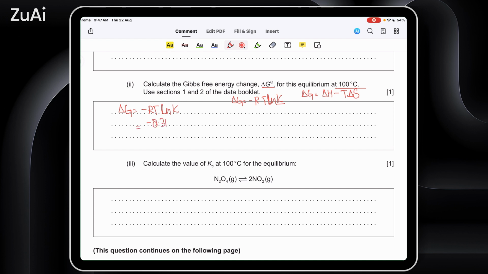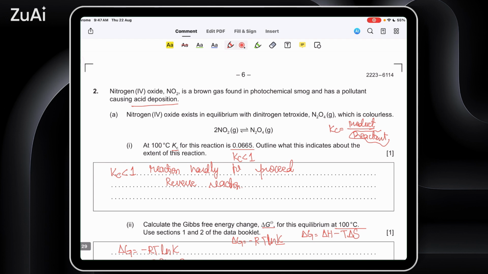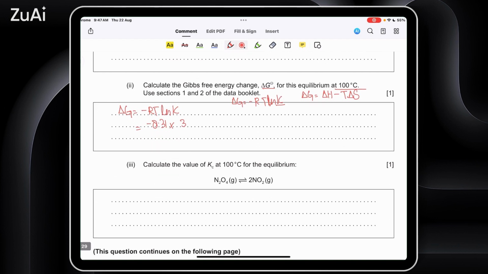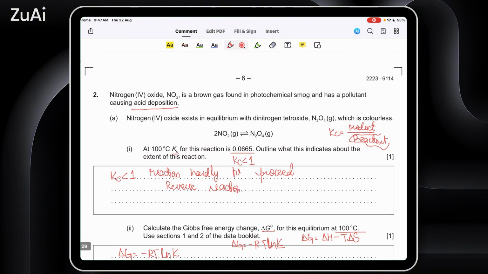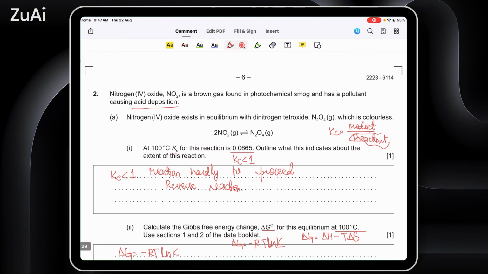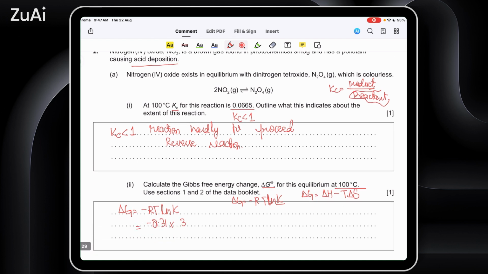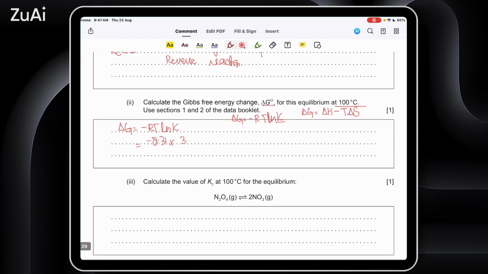So negative 8.31 times the temperature, and the K value is given to us, that is 0.0665. 373 is the Kelvin temperature, times ln K, so log natural of 0.0665.